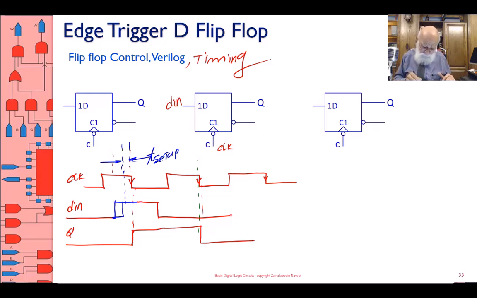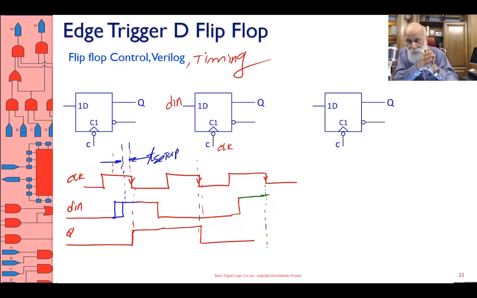And then it became 1 again long before the falling edge, and so there is no violation of the setup time. The D remains valid for at least setup time before the edge of the clock.